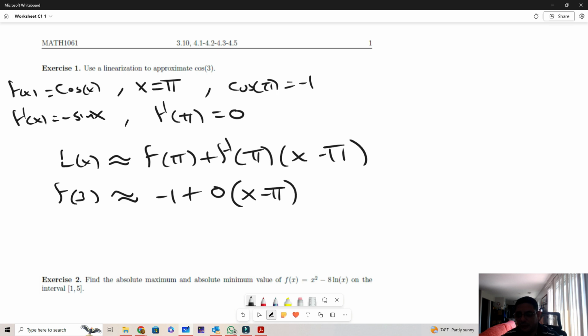So we have that f of 3 is approximately -1 as well, which makes sense since it is very close to pi. So this is a valid approximation for cosine of 3.